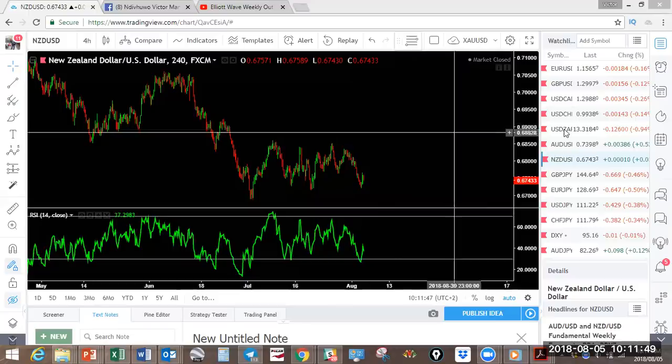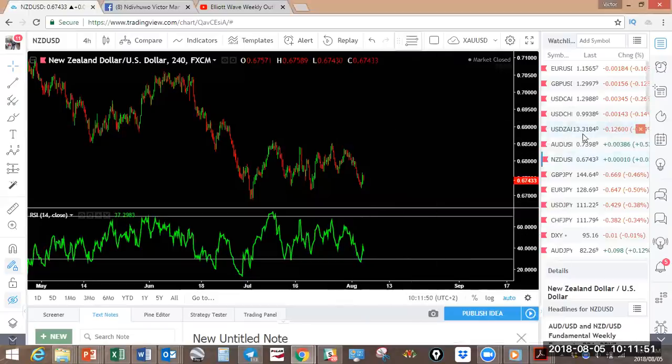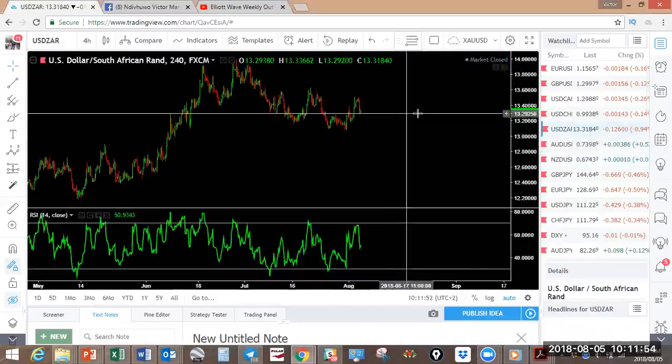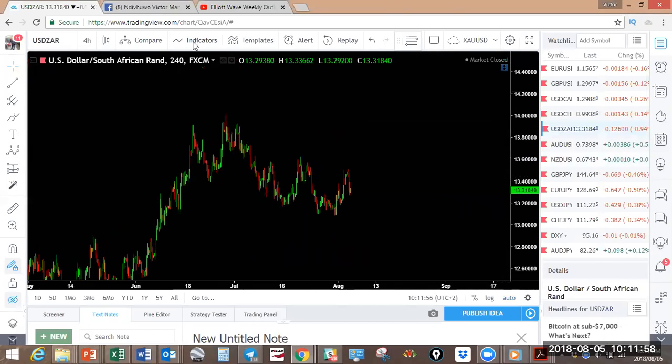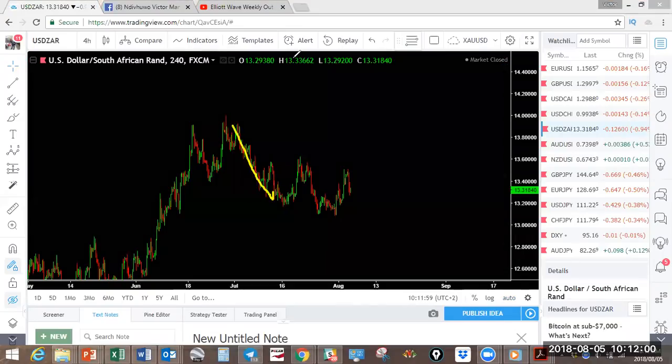That's New Zealand. So now look last at the US dollar pairs. Lastly will be US dollar ZAR. So US dollar ZAR, you're looking at this one, has made 3 waves down. You've got 1, 2, and now this looks incomplete.